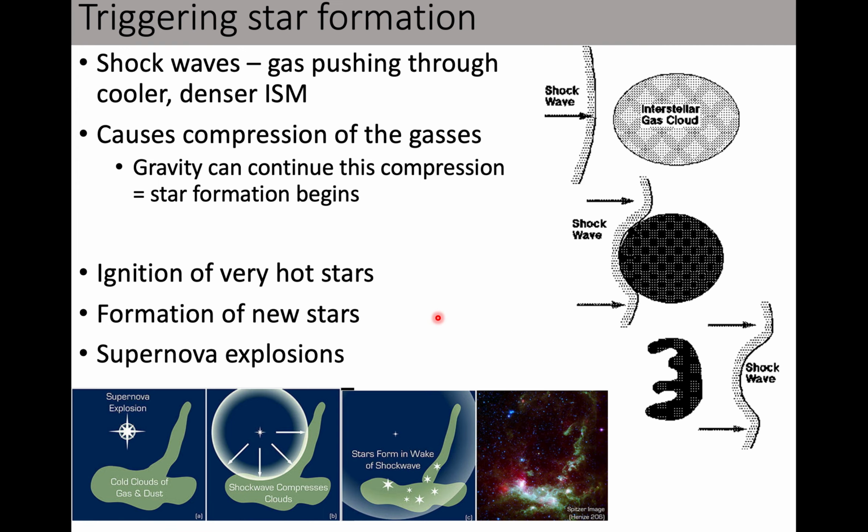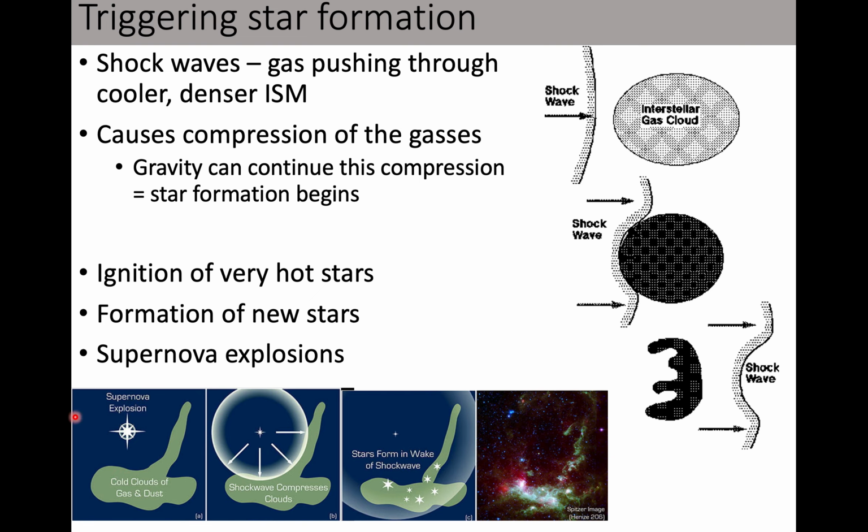If a shock wave travels through a cloud of interstellar material, it can cause that material to compress and condense, and then cause the ignition for star formation to begin. So compressing the gases within that ISM cloud, the shock wave can start the compression, and then once the compression begins, gravity can take over and continue until star formation begins in that compressed cloud.